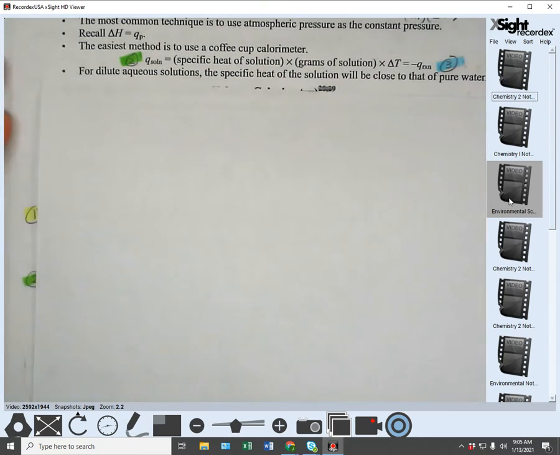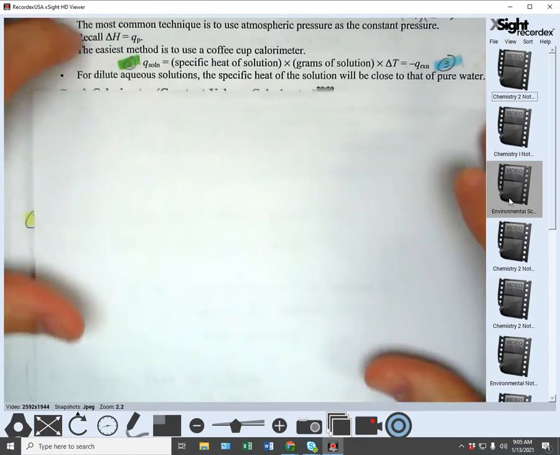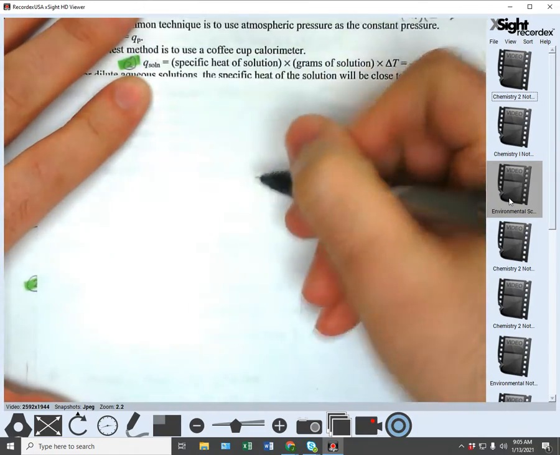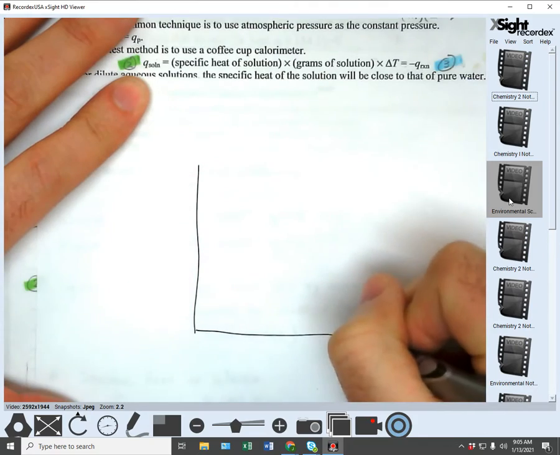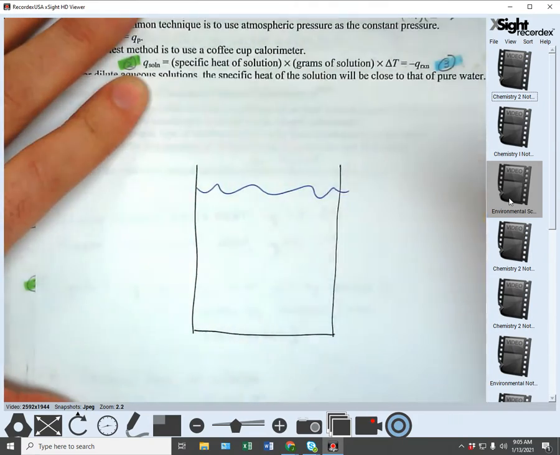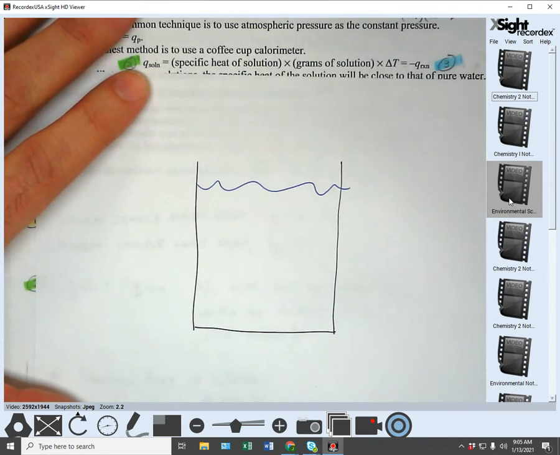When you have a reaction, say you put 2 aqueous solutions together, and you get a reaction. It doesn't really matter what the reaction is.